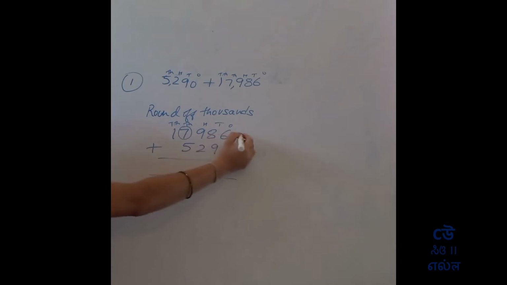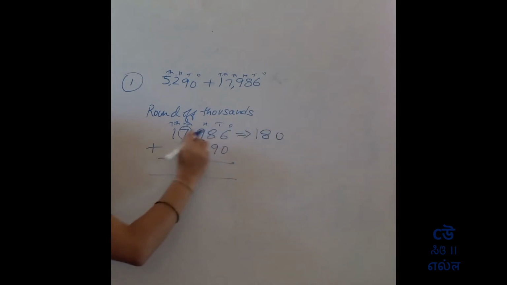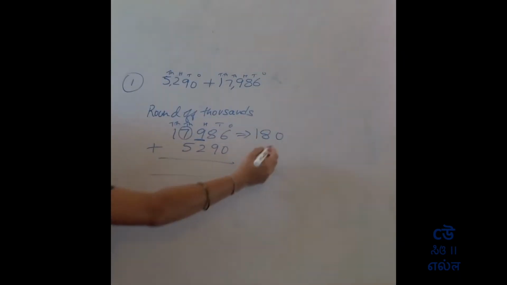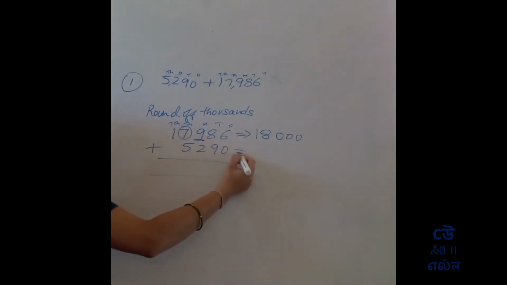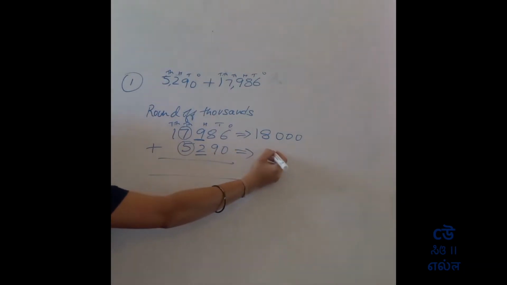Consider the thousands place, then consider the next value, the hundreds place. We have 9, and 9 is greater than 5, so we increase the circled number. So 7 will be 8, and the rest of the numbers will be 0. Next, consider this number. If you consider 2, 2 is less than 5, so the thousands place value will remain as it is.